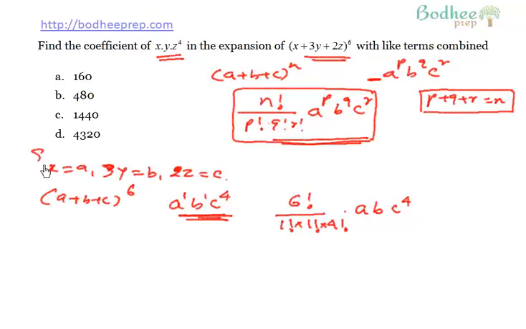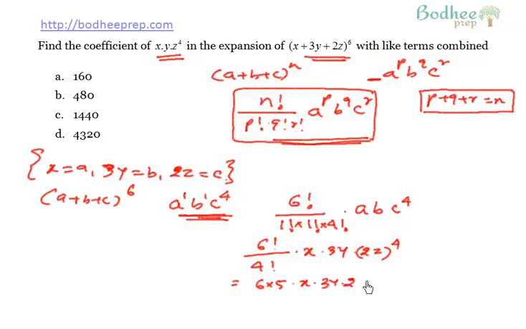So it will be 6 factorial divided by 4 factorial into x into 3y into 2z whole to the power 4. Again, by simplification, I can write this as 6 into 5, as 4 factorial will be cancelled out, into x into 3y into 2 to the power 4 into z to the power 4.